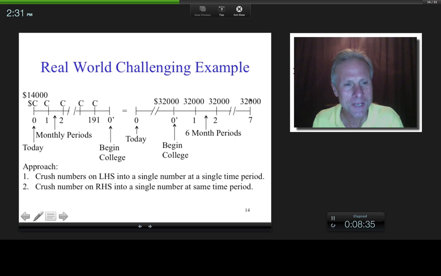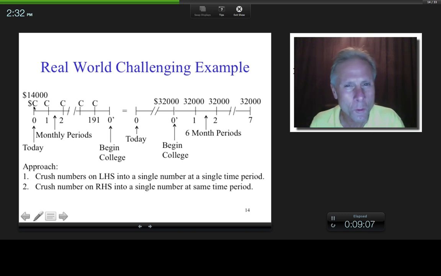And if they're at the same time period, like let's say all of this is equivalent to something at time 0, and all of this is equal to something times c, because it's a function of c at time 0, as long as they're in the same time period, can I set them equal to each other? I can, right? But if they were in different time periods, could I set them equal to each other? No, it'd be like setting euros equal to yen, right? You can't do that. So they have to be in the same time period.